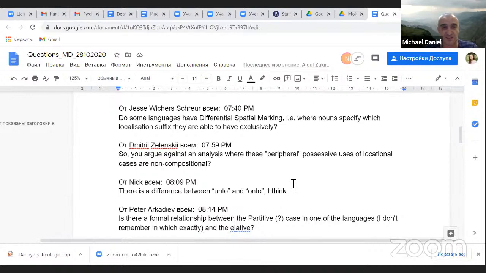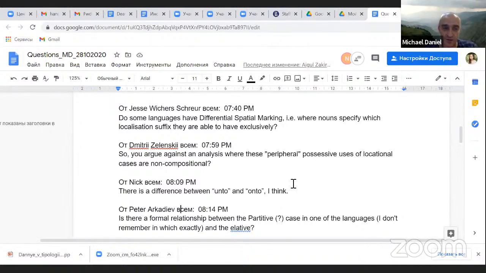Dmitry Zelensky asked, so you argue against an analysis where these peripheral possessive uses of locational cases are non-compositional. Wait, too many negations. Let me read it once again. Do I argue against an analysis where... yes, okay, that's complex.